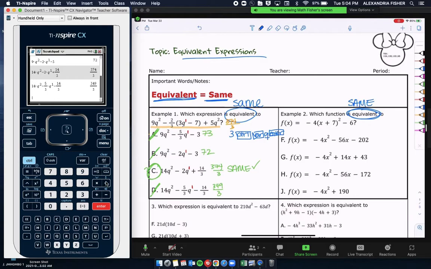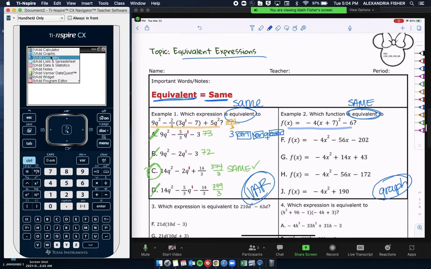So on this one, we did the var method, and on this one, we're going to do the graph method. All right, so what we're going to do first is graph my first equation. So go home, new document, and put graph. I'm going to graph negative 4 x plus 7 squared on top minus 6, enter.